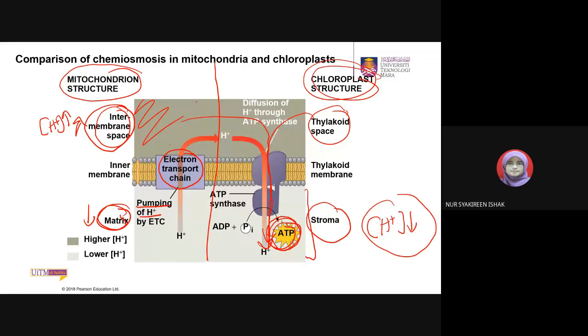ATP synthase akan menggunakan tenaga apa? Proton motive force. High concentration of hydrogen ion diffuse back into the low concentrated hydrogen ion region through ATP synthase.